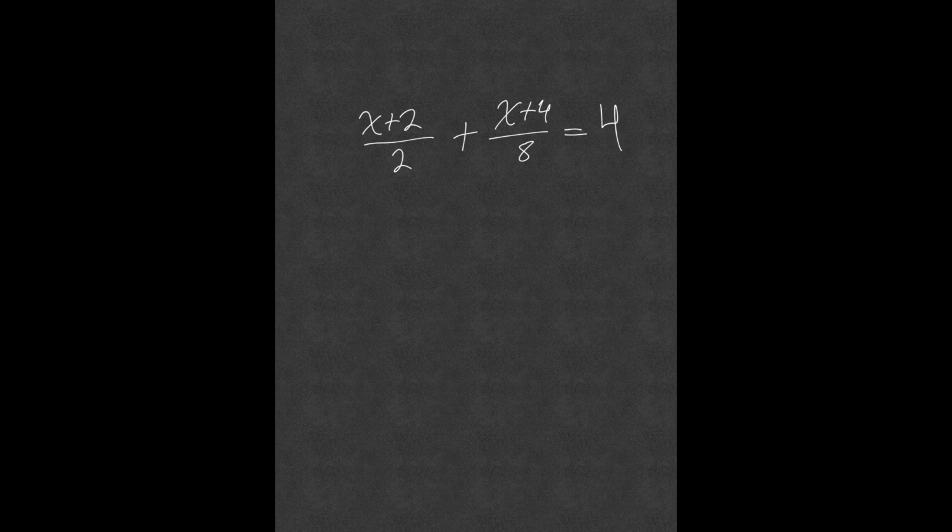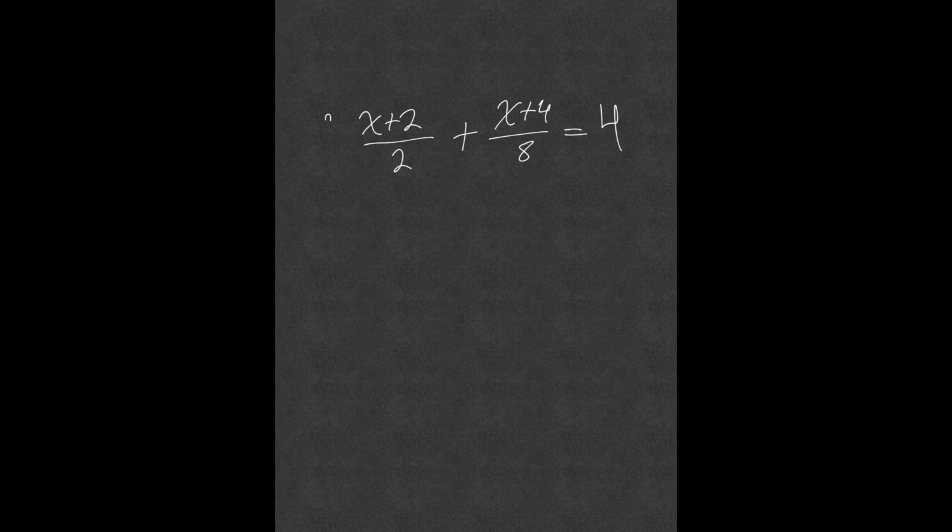And so let me write that all out. So again, I'm going to multiply everything by 8 just so I can cancel out the denominators everywhere.